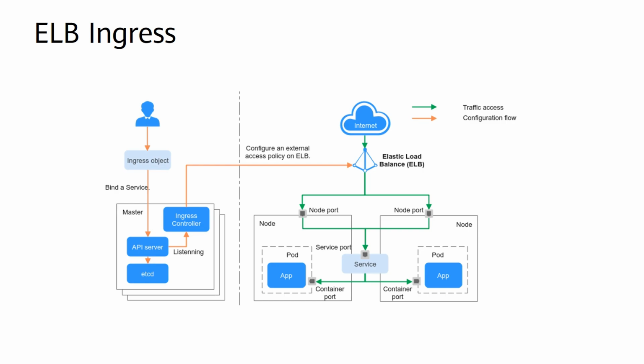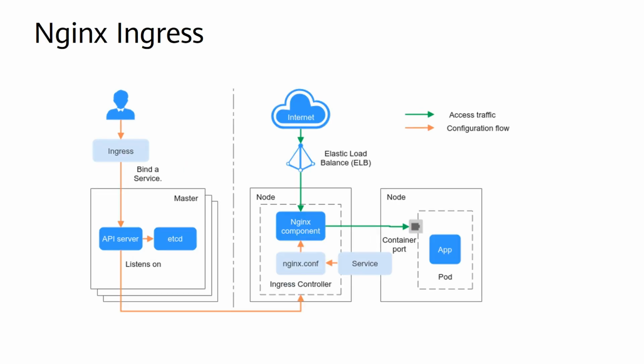Actually, the controller calls some ELB APIs and configures the policies to the load balancer. From the perspective of the access traffic path, the request reaches the load balancer first and then the node, based on the rules. The service is behind the node, and your request is then forwarded by the service to the pod. This is the default Ingress controller of Huawei Cloud, which is implemented based on the ELB service.